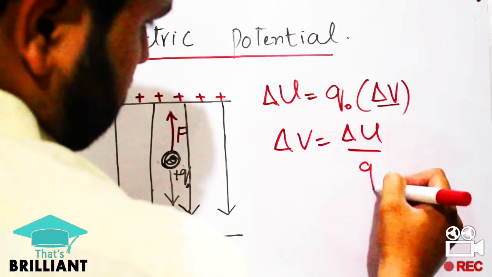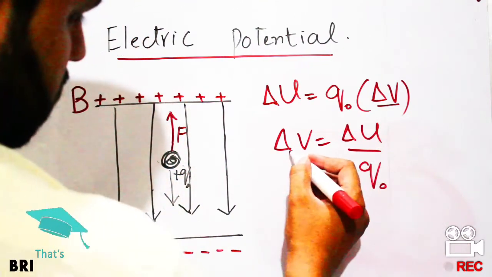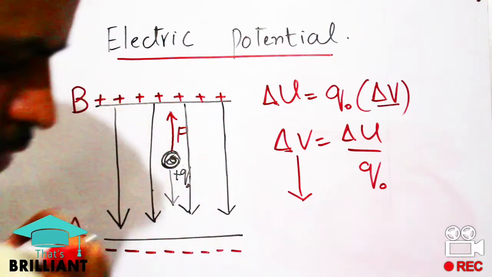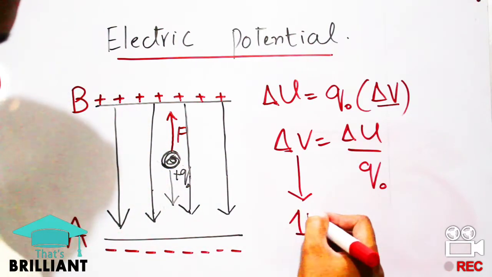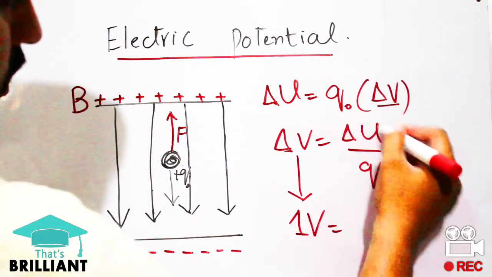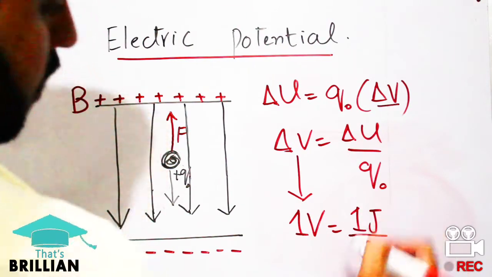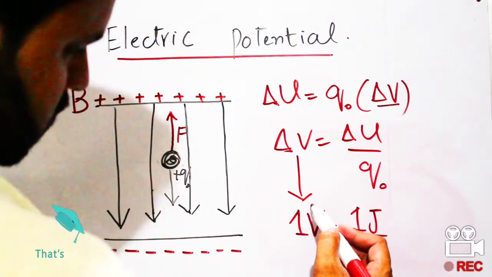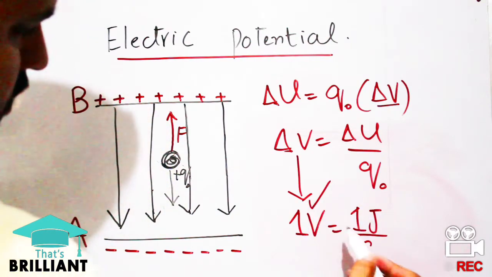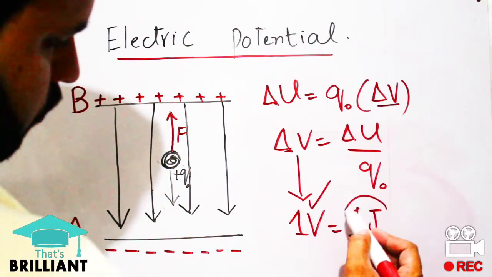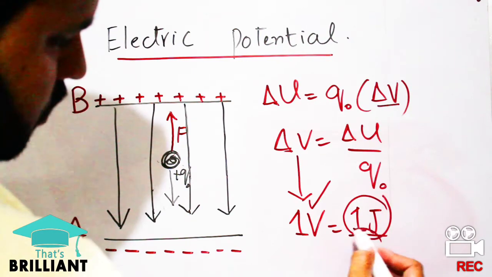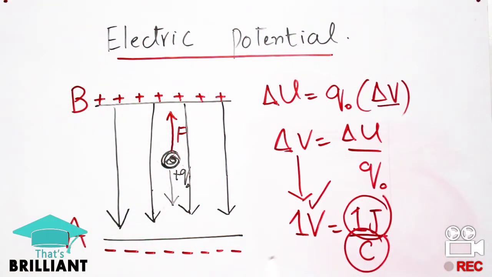If we replace the value of delta U, delta V has a unit of volts, 1 volt, and delta U is work done, which has a unit of joule, and Q is a charge having the unit coulomb. So 1 volt is equal to 1 joule of work done on a unit positive charge of 1 coulomb. So this is the unit of 1 volt with respect to work done on a unit positive charge.